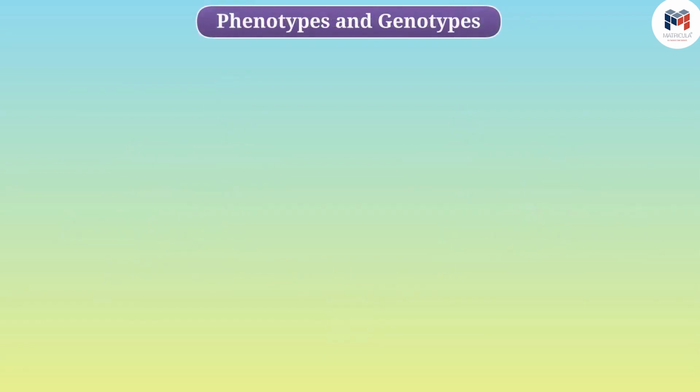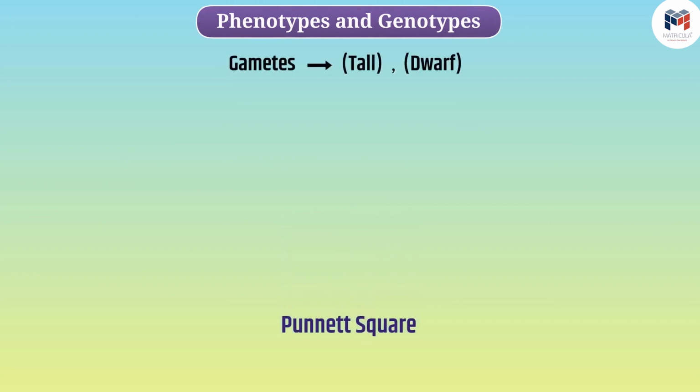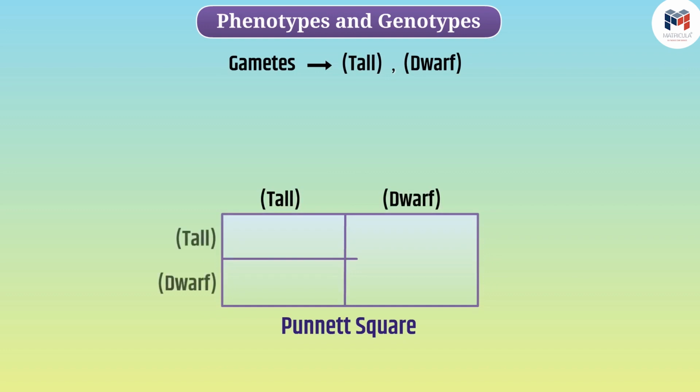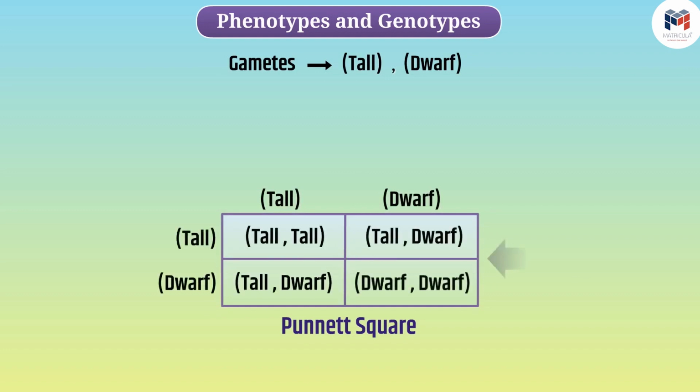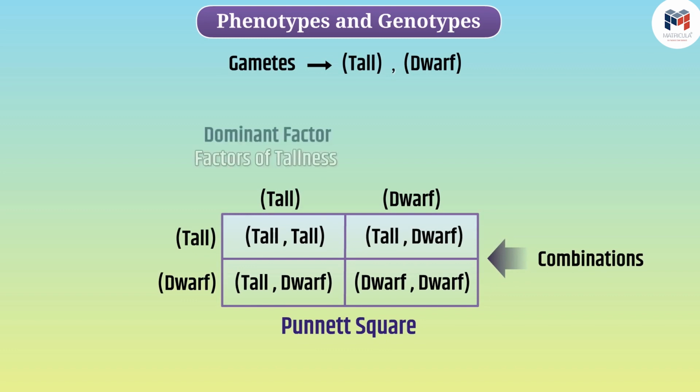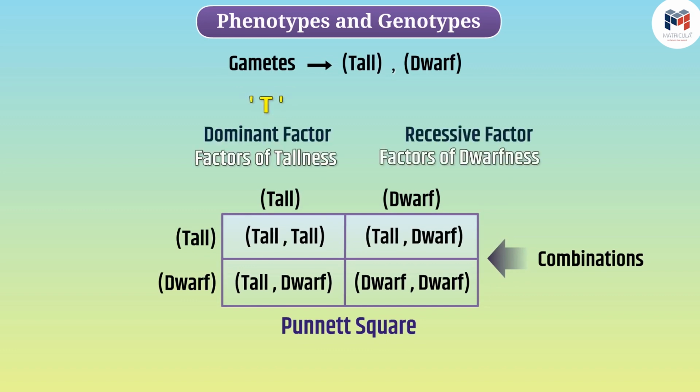Inheritance can be understood through Punnett square. In this, we arrange the male and female gametes vertically and horizontally and find the possible combinations. We represent the dominant factor with uppercase letters and the recessive factor with lowercase letters.